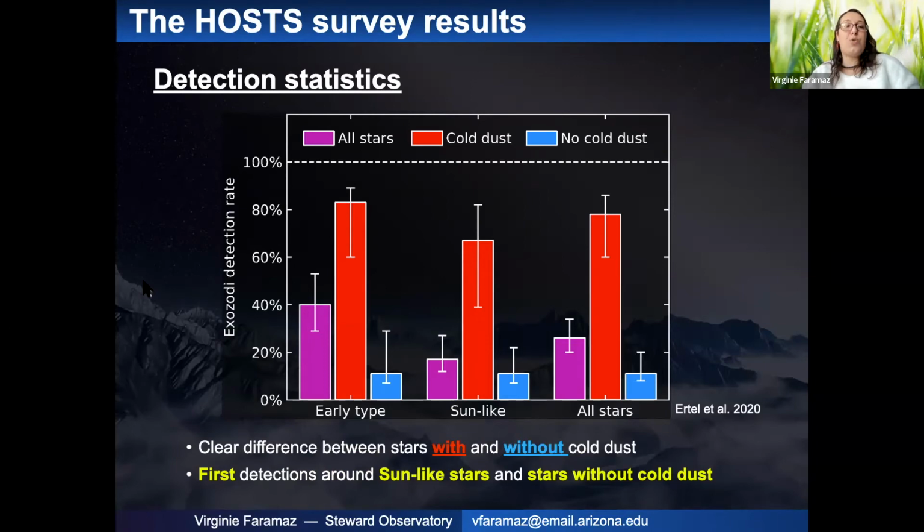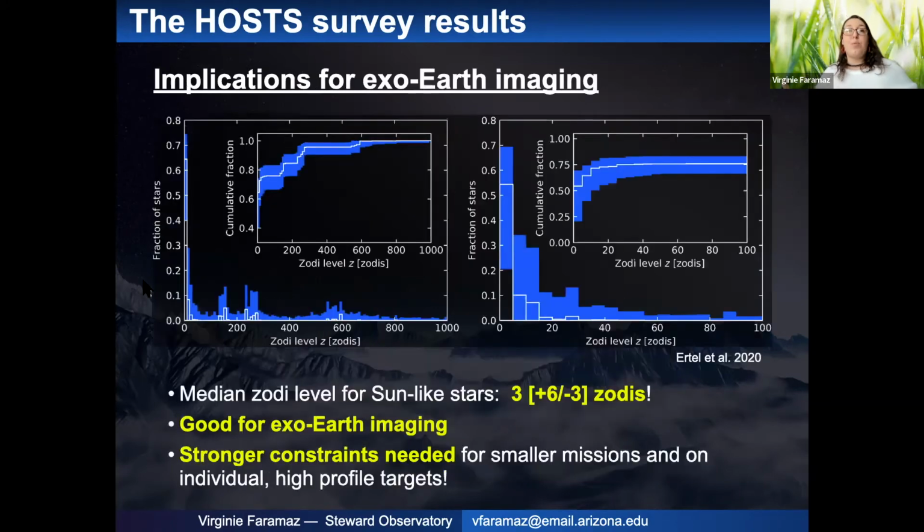I stress "without detectable cold dust" because we shouldn't forget that analogs to the Kuiper belt in the solar system are currently not within our reach. This was somewhat expected, because I said that we needed a population to replenish these exozodies. And the most important result is that the median zodi level for Sun-like stars is 3 zodies, which is excellent news for exo-Earth imaging.